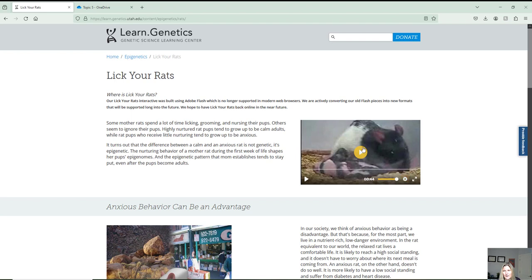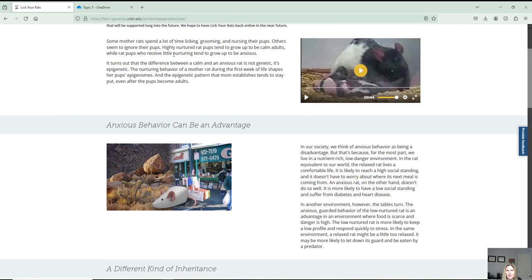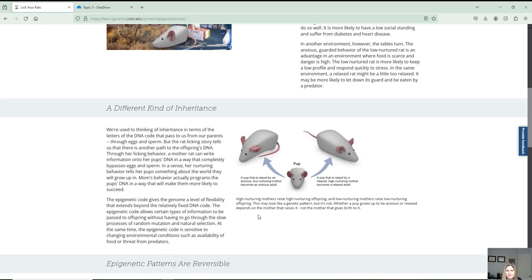Here we have this experiment that they did, where they learned about how certain genes, if they're expressed, will cause one type of behavior. If they're not expressed, they'll cause a different type of behavior to be shown. You'll watch this video on the rats and read through the information.